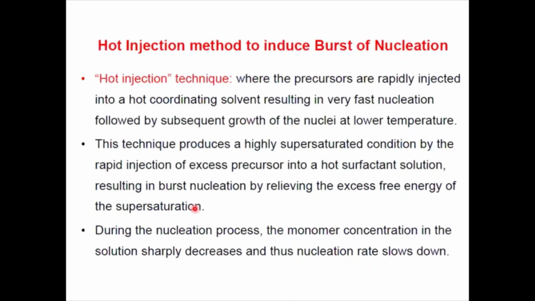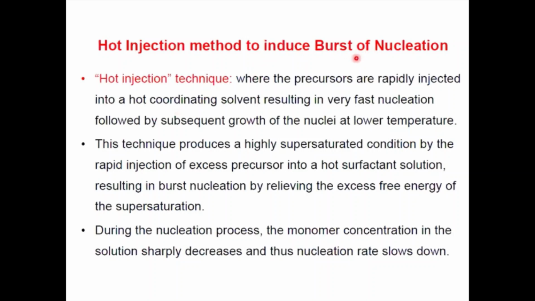So this is the hot injection method. Hot injection is a method wherein you heat a solvent or surfactant to a hot temperature, close to its boiling temperature, and the precursors, whether at room temperature or cold temperature, are introduced into the hot coordinating solvent so that you create a burst of nucleation, not a slow nucleation.